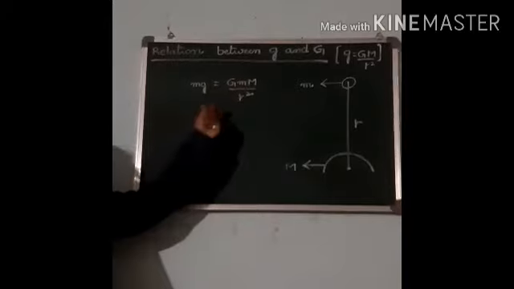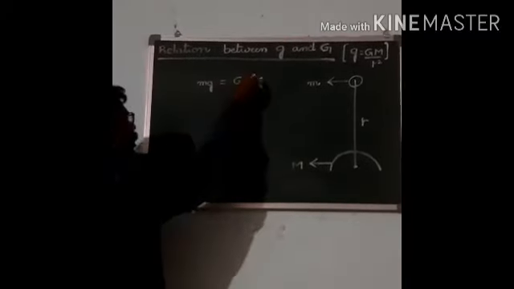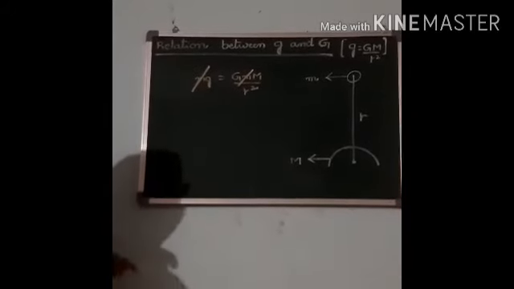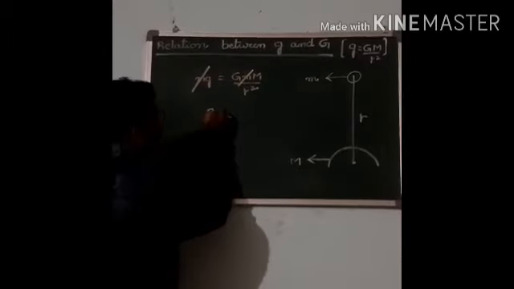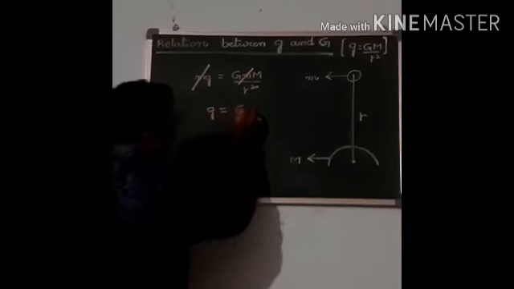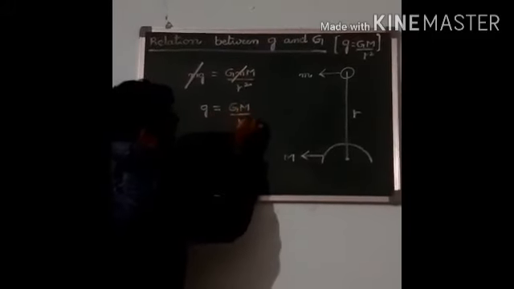In the equalizing process, small m cancels. And finally what do we have? Small g equal to capital G M by r square.